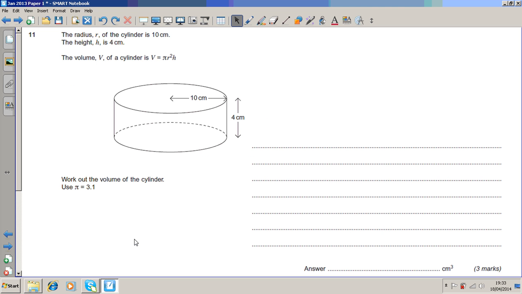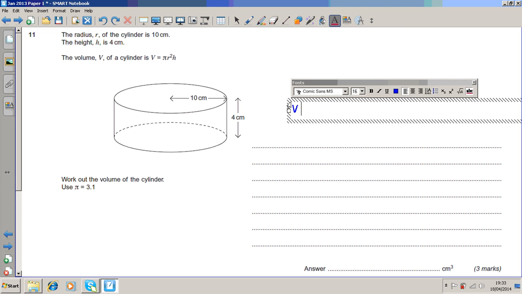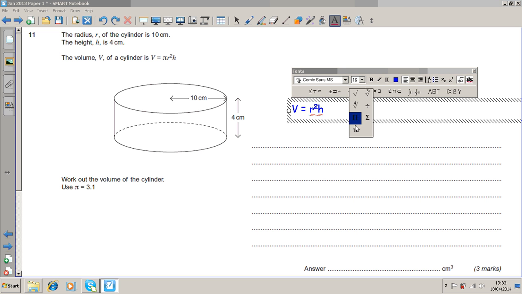Number 11. The radius r of a cylinder is 10 centimeters. The height is 4 centimeters. The volume of the cylinder is v equals pi r squared h. Work out the volume of the cylinder. So our rule is v equals pi r squared h.